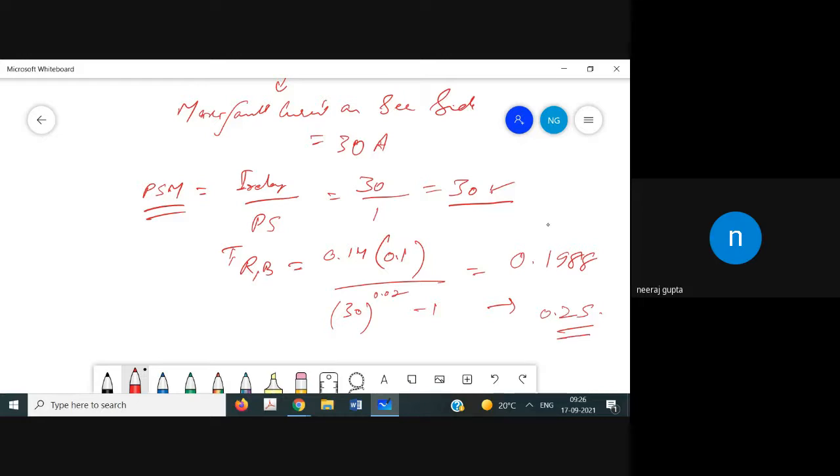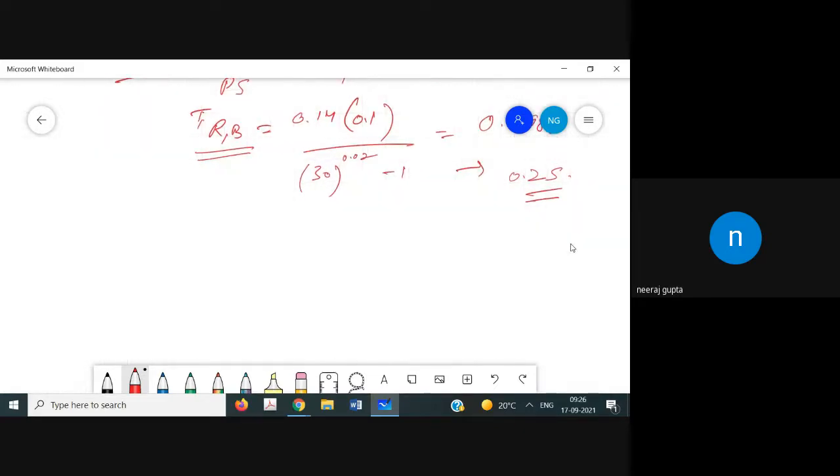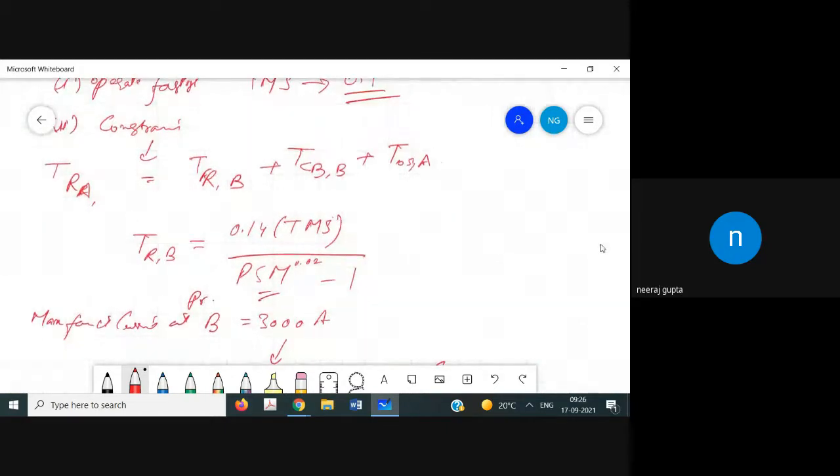So this is the exact time for this relay to operate, which equals 0.2 second. And as you know, the total time is the summation of these three. This we have calculated, and this we will assume, and for this we can also take some percentage.